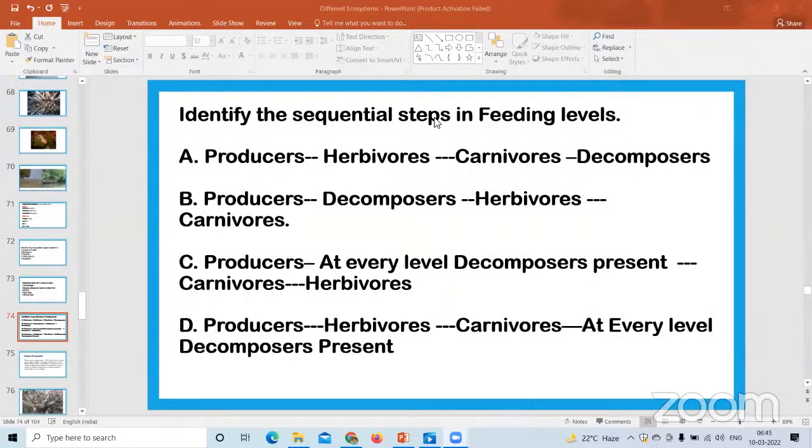Producers, at every level decomposers present, carnivores, herbivores. Producers, herbivores, carnivores, at every level decomposers present. Which is the correct option here?